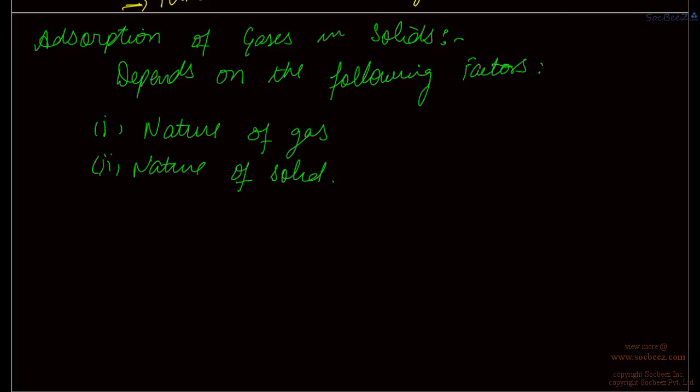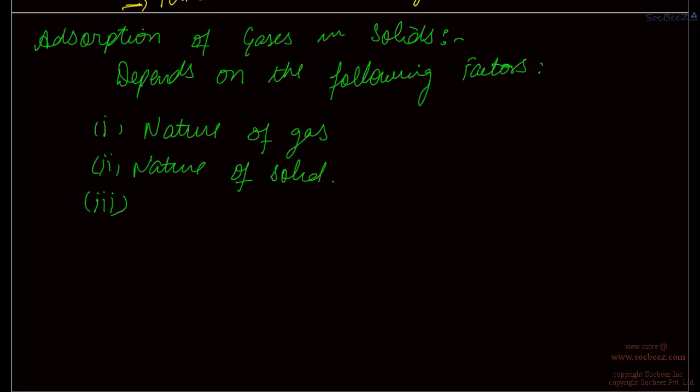Other gases such as oxygen, nitrogen or hydrogen adsorb more on metals such as nickel, platinum or palladium at high temperature. So the extent of adsorption depends on the nature of solid.